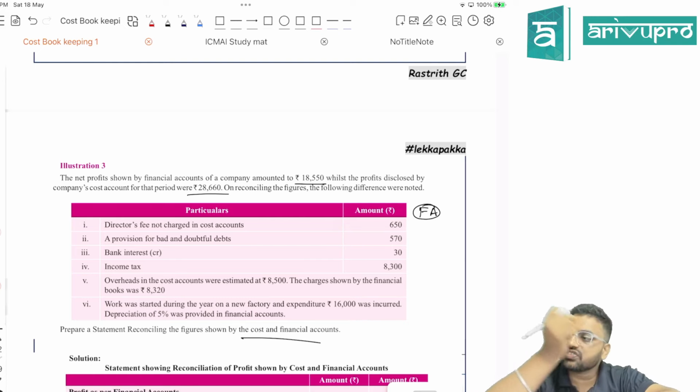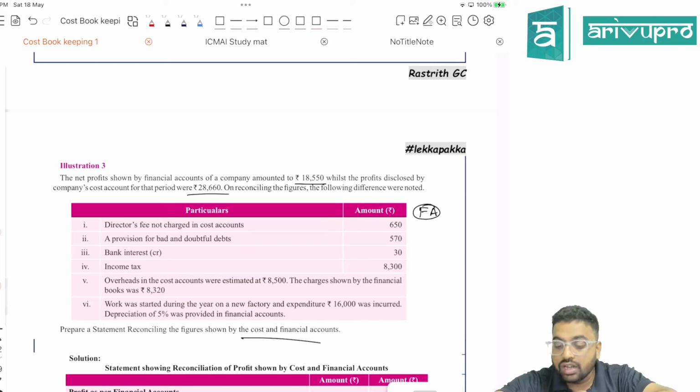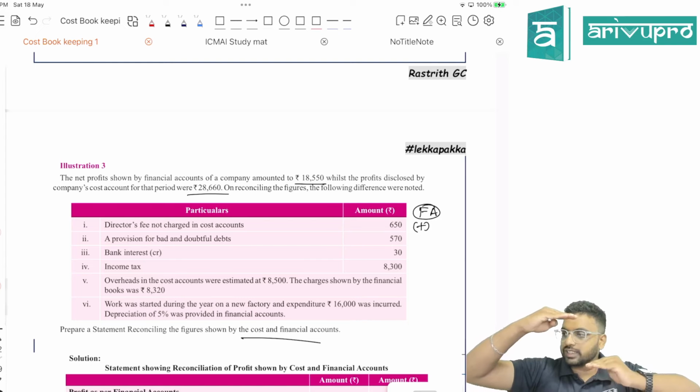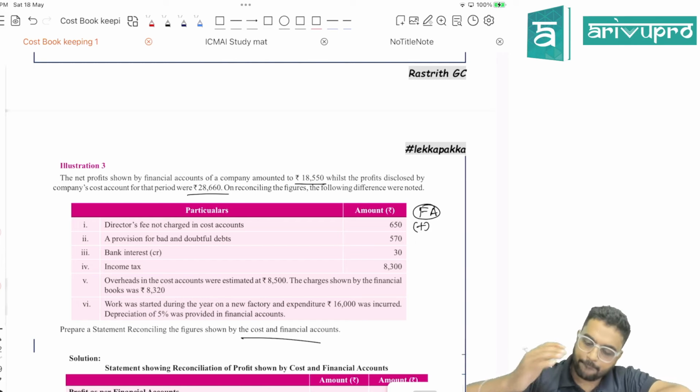When the director's fees is charged in the finance book, what happened to the financial profit, sir? Profit decreased. Cost accounting profit has not changed. What you should do, sir? Add it back to the profit. Because in cost, profit is as it is. But in finance, we showed some expense. So increase.